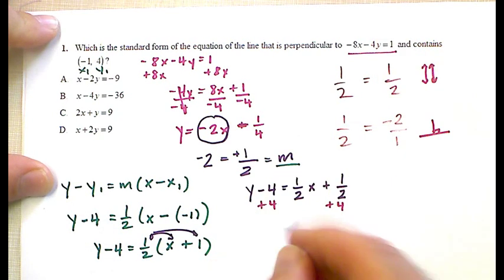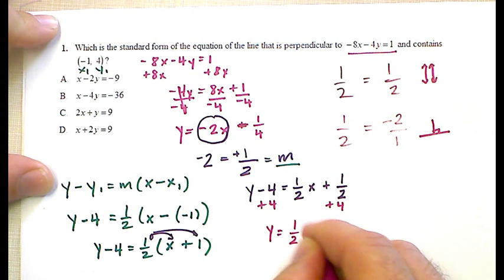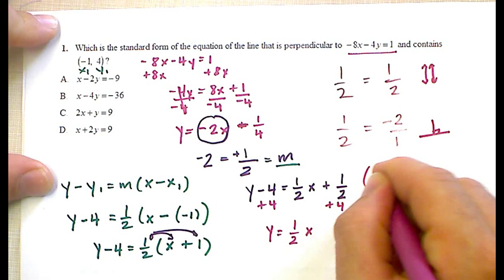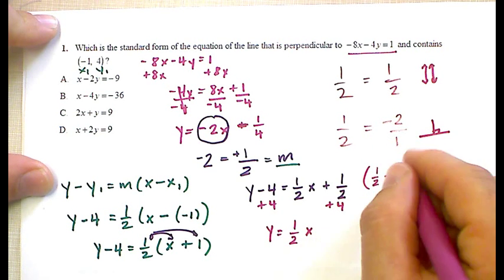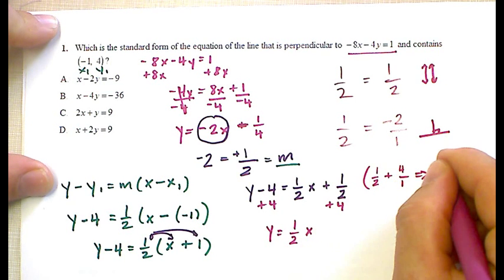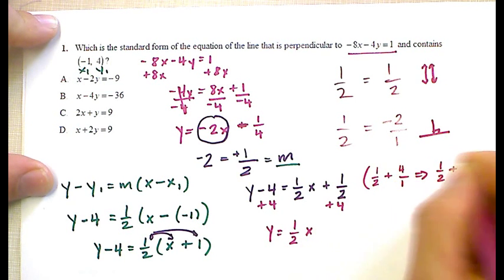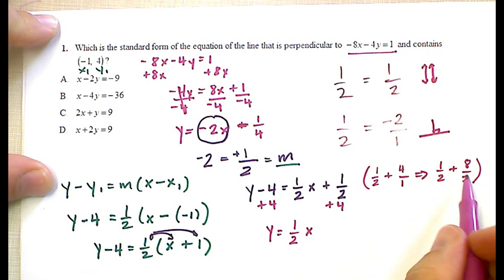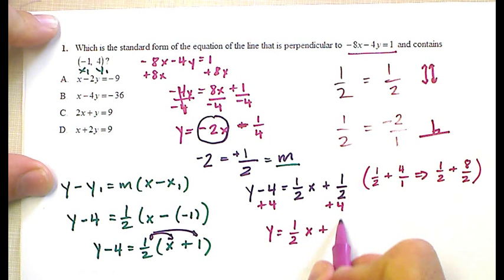So I'm going to get y is equal to 1/2 x. What I'll do here is I'll do 1/2 plus 4 over 1, which becomes 1/2 plus 8 over 2. So I get plus 9 over 2.